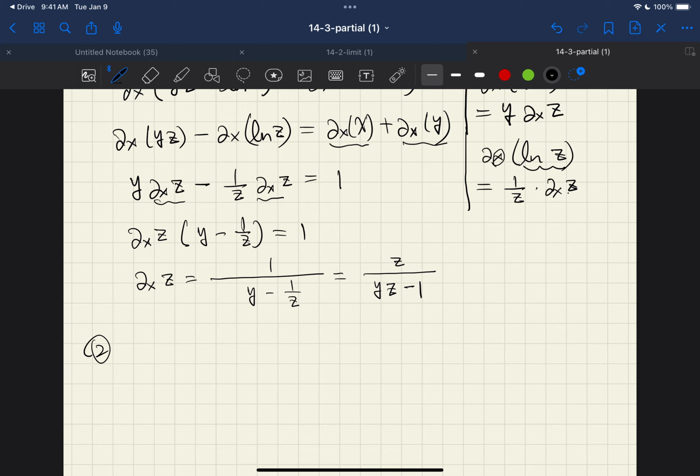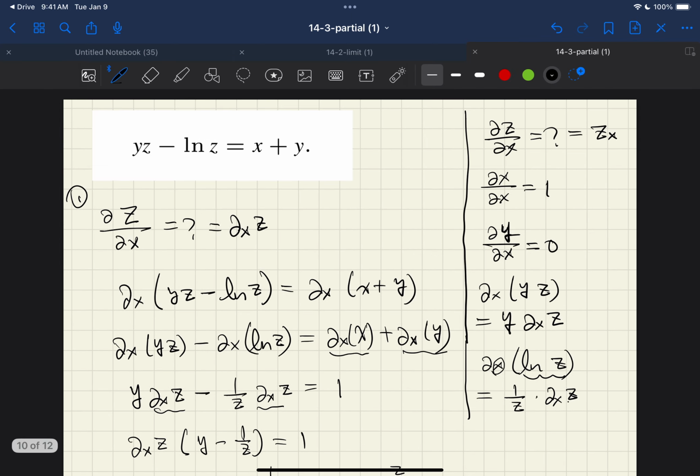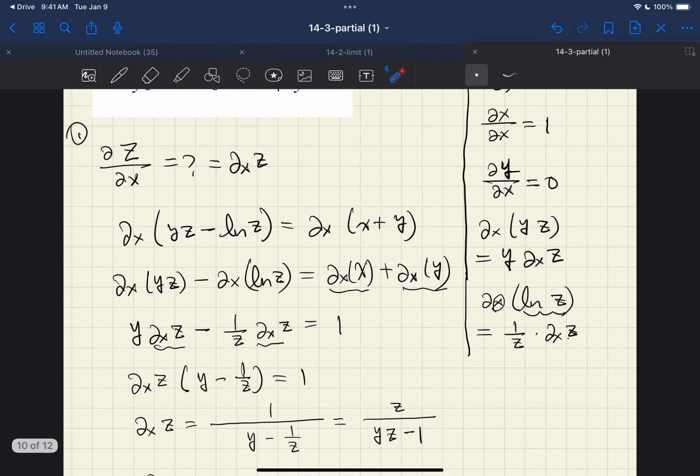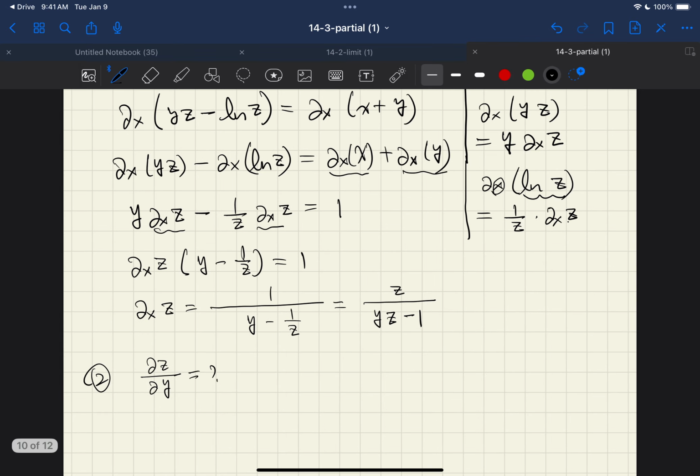Now, what about partial z, partial y? To do that, we want to take the derivative, partial y, on both sides. So partial y of yz minus log z. I'm actually looking at this line, but I change x to y, equals partial y of x plus y.